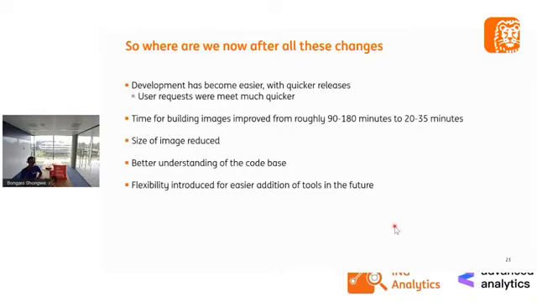Our builds went from 90 to 180 minutes down to 20 to 35 minutes. The size of our images was also reduced drastically, and we have a better understanding of our code base. We also were able to introduce flexibility in order to add new tools in the future.